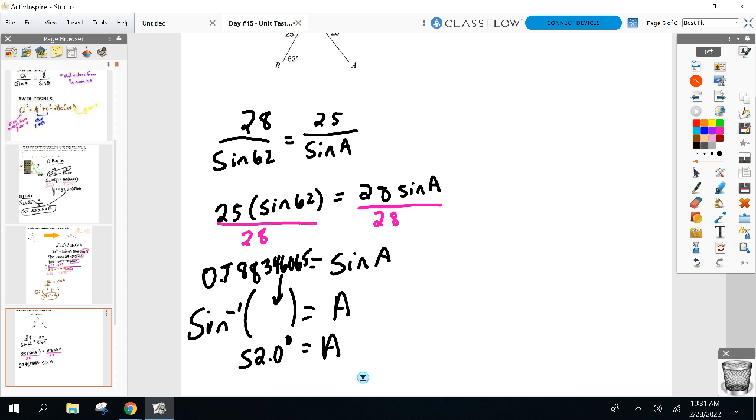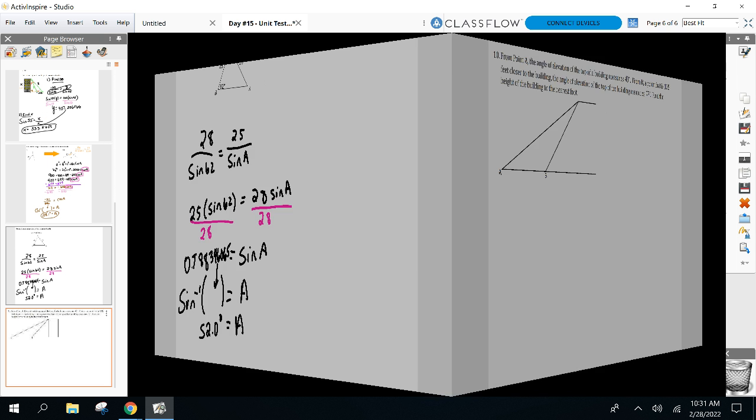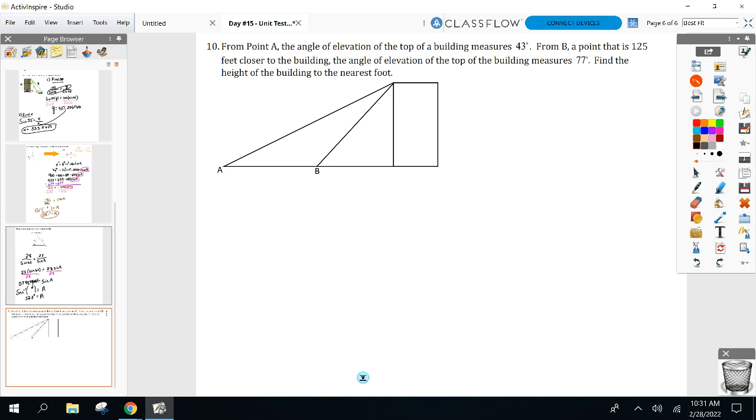Last one in your group. Go back to your packet, number 10. Now you've got to fill in everything.